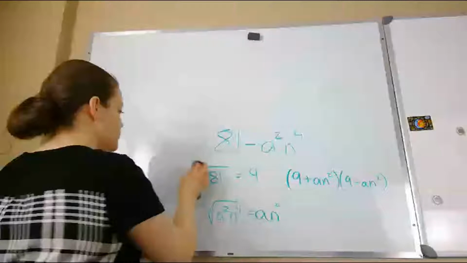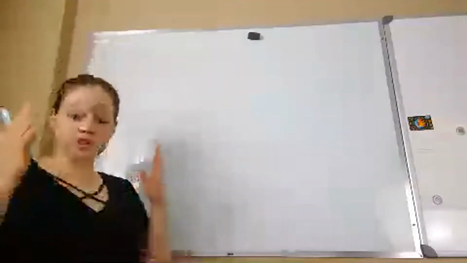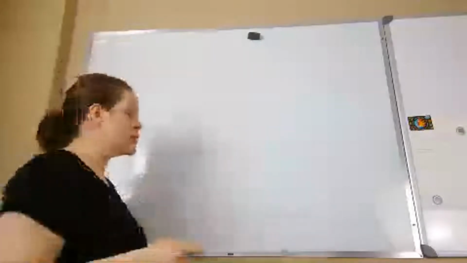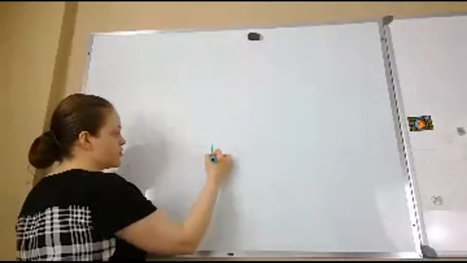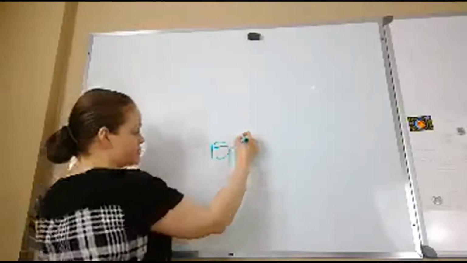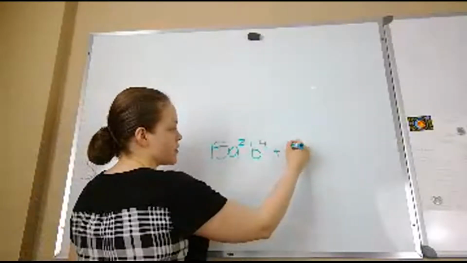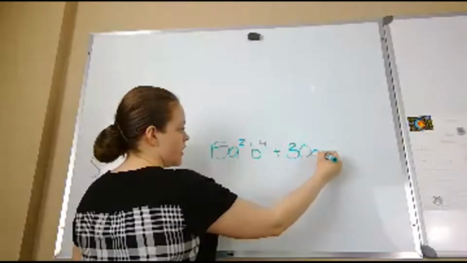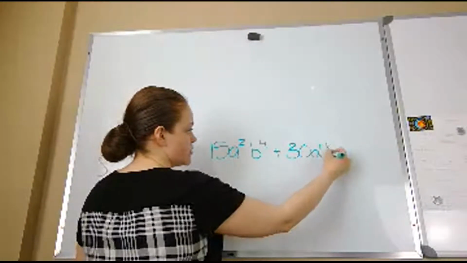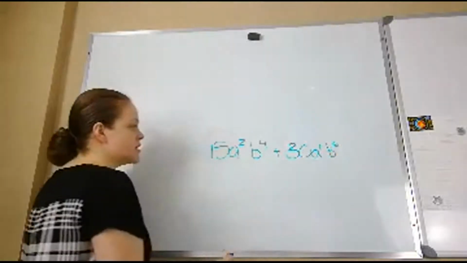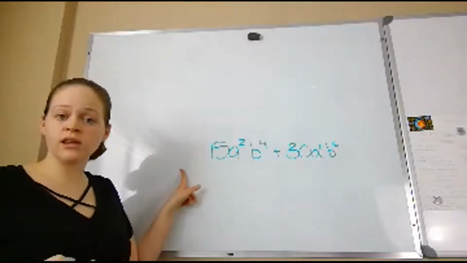So let's start with GCF stuff in general. So we have, I don't know, 15 a squared b to the 4 plus 30 a squared b to the 6. Let's just take something basic.